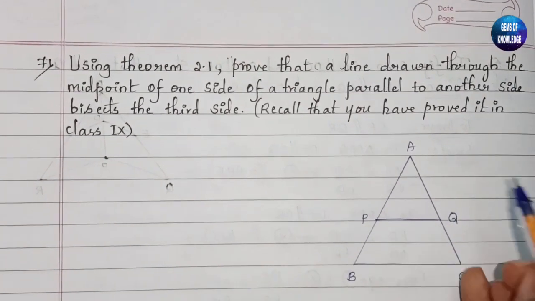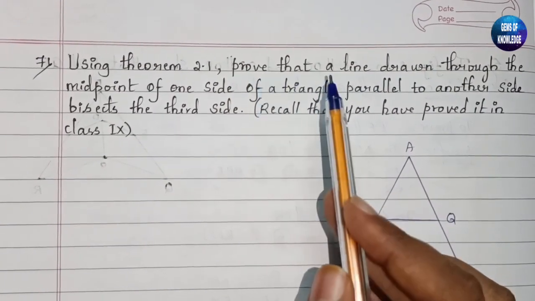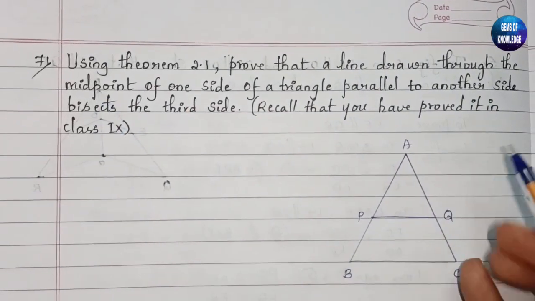This is the rough diagram which I have drawn, where ABC is a triangle. What they have told us to prove is that a line drawn through the midpoint of one side, which is parallel to another side, bisects the third side.